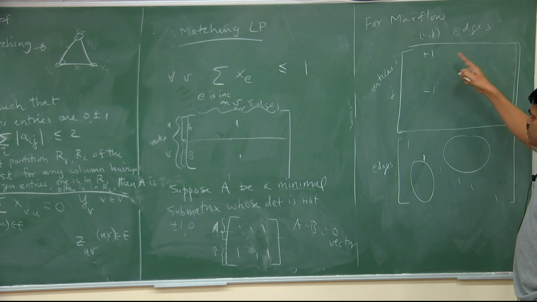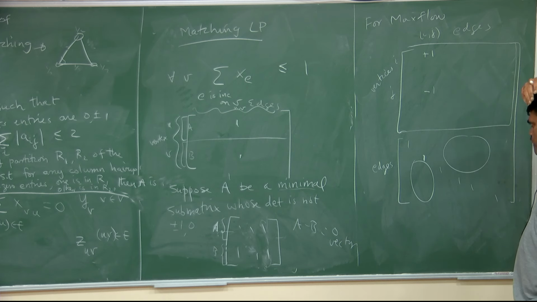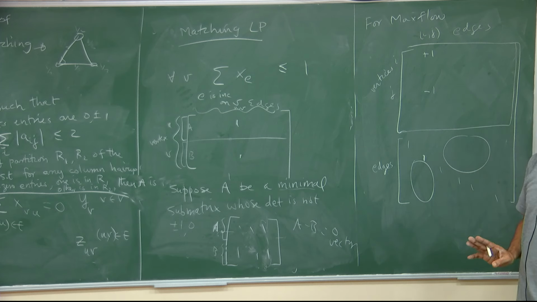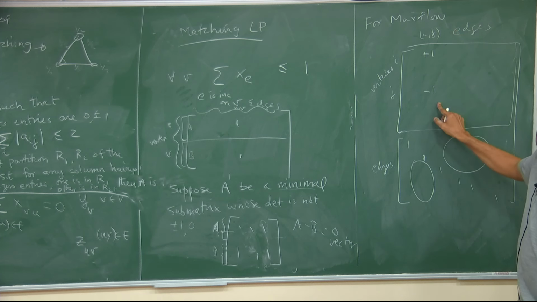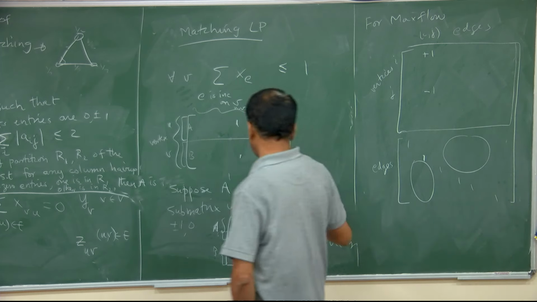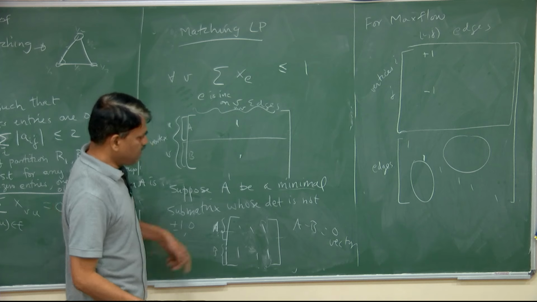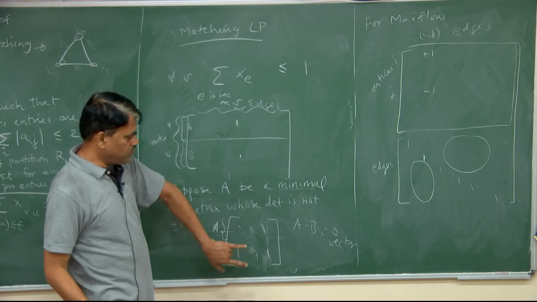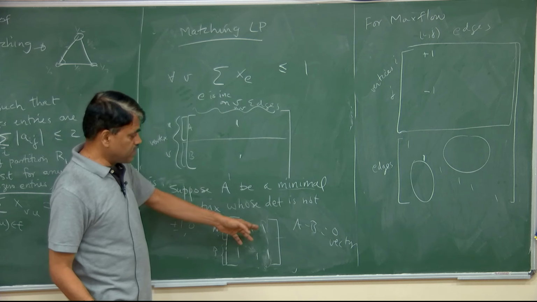Okay, I didn't pay attention to this set of matrices, but I want to argue that this matrix is totally unimodular. Every submatrix has determinant 0, 1 or -1. It should be easy here also. But every submatrix, because it is the same kind of argument, the only difference is for every column you have a +1 and a -1. So what you do is you look at a minimal submatrix whose determinant is not one of these. Then by the same argument, every column should have two non-zero entries, and the non-zero entries in this case are +1 and -1.